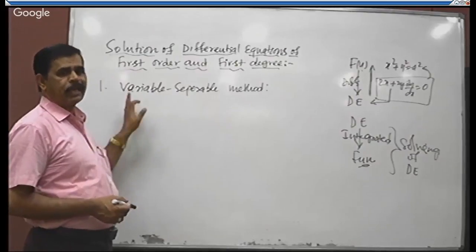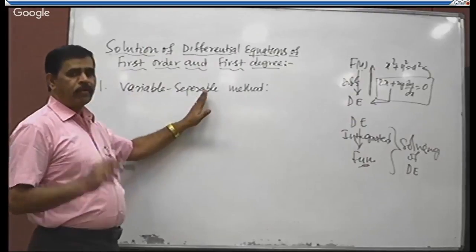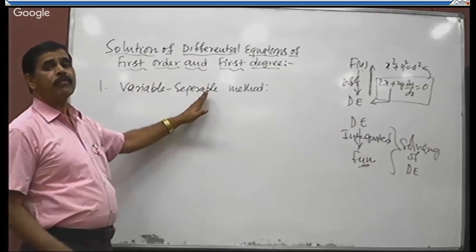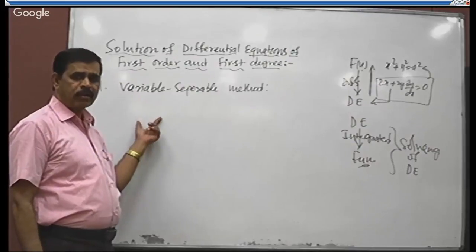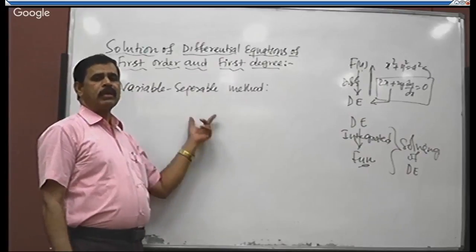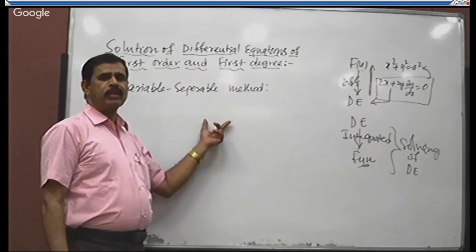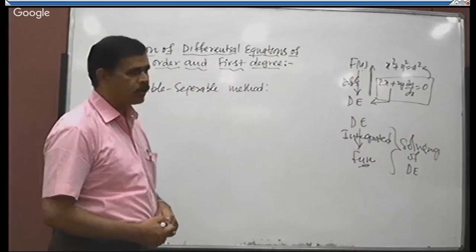Variables means x, y, z, theta. They should be separated with respect to their variable. X terms are collected along with dx, y terms are collected along with dy, z terms are collected along with dz, like that. Then we have to go for integration, right?